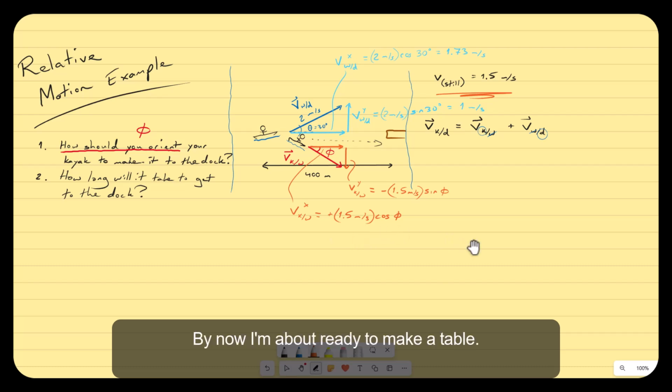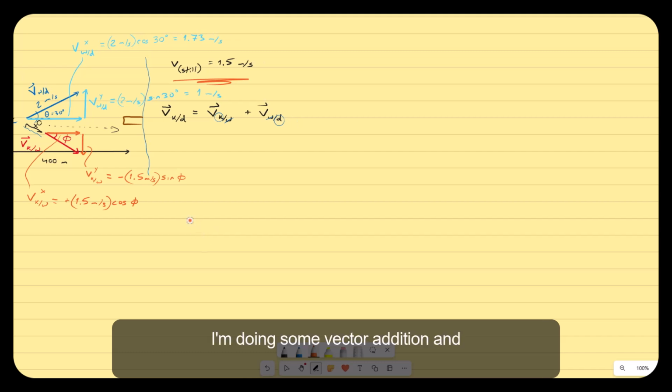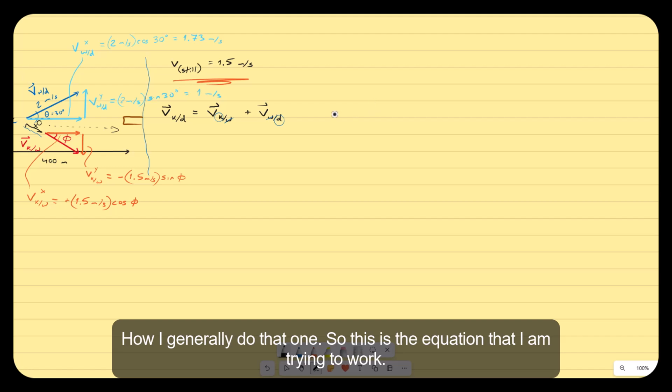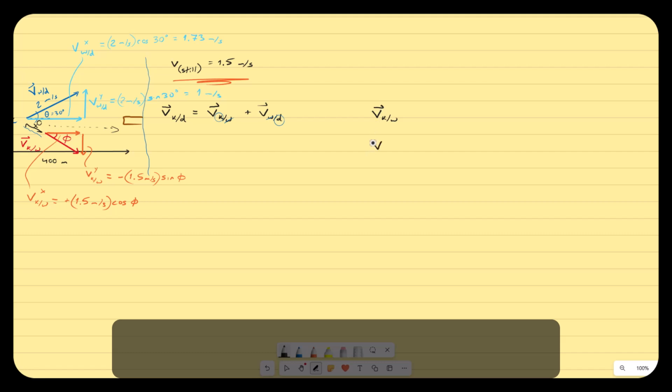Now I'm about ready to make a table. I'm doing some vector addition, and tables are how I generally do that one. So this is the equation that I am trying to work. I'm going to put those as my rows. Velocity of the kayak relative to the water, velocity of the water relative to the dock, and then velocity of the kayak relative to the dock is the sum of those.